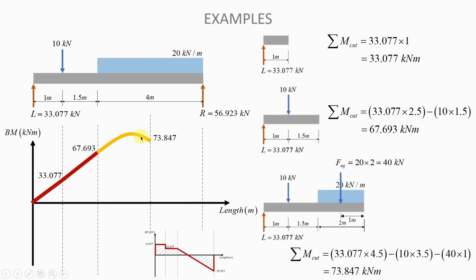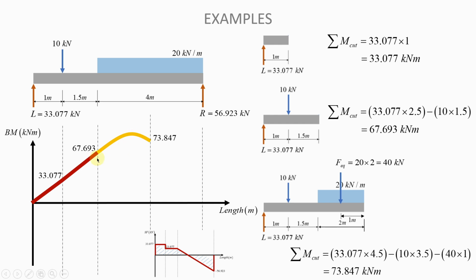So here it's a curve because this segment there is where you have the UDL. And you can see you have a maximum here before you go back to the 73.847 that we have. You have a maximum there because when you look at the shear force diagram, somewhere before you reach the middle of the distributed load, the shear force diagram crosses the horizontal axis, which corresponds to a maximum on the bending moment diagram.